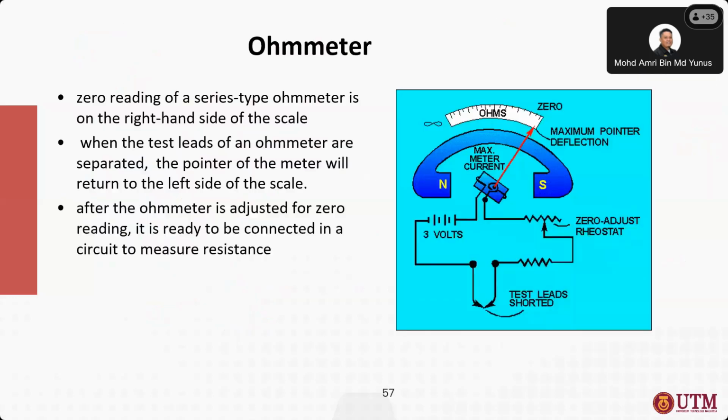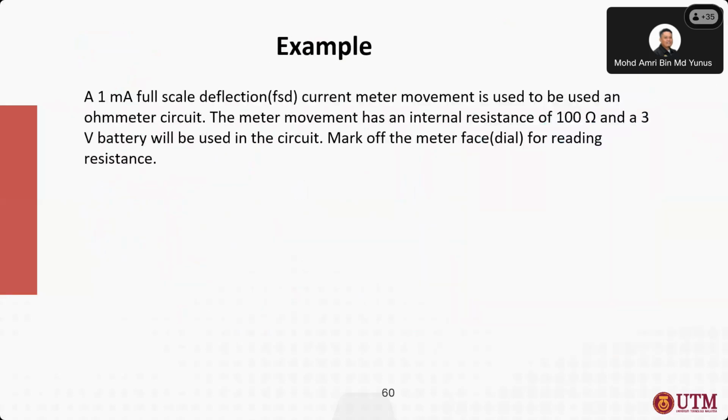So let's see how this equation is useful. Here we have our example. A 1 milliamp full scale deflection current movement is to be used in an ohmmeter circuit.